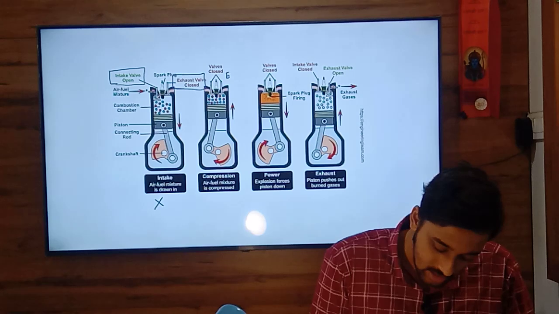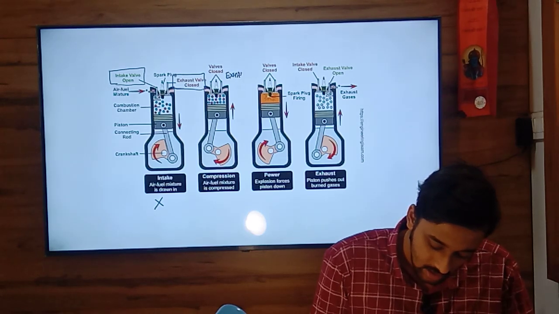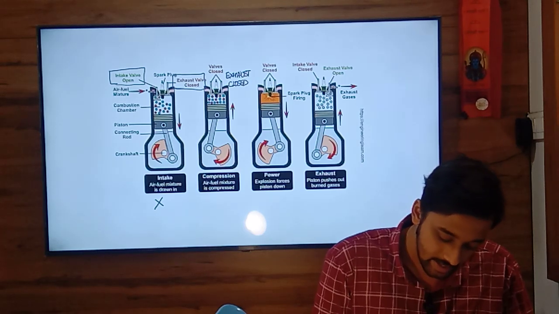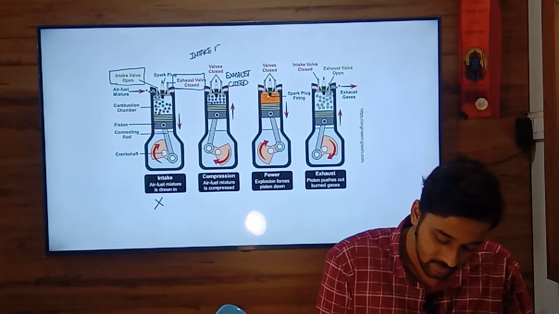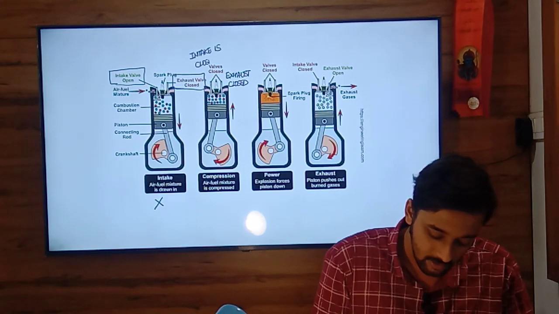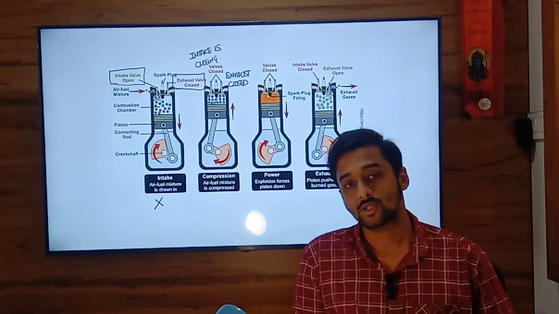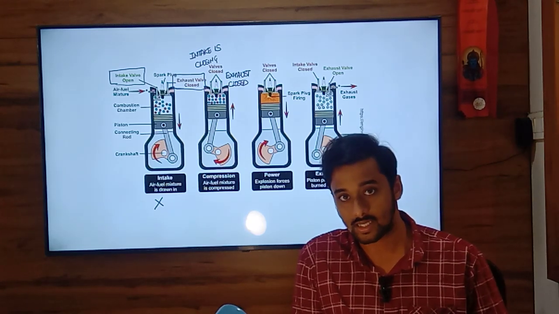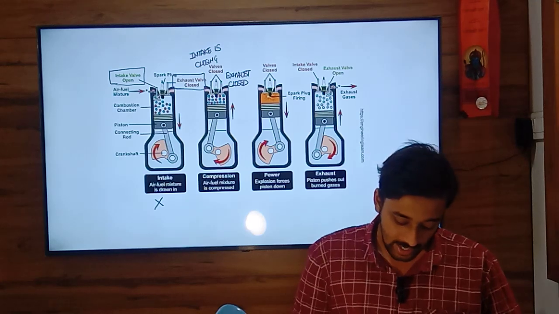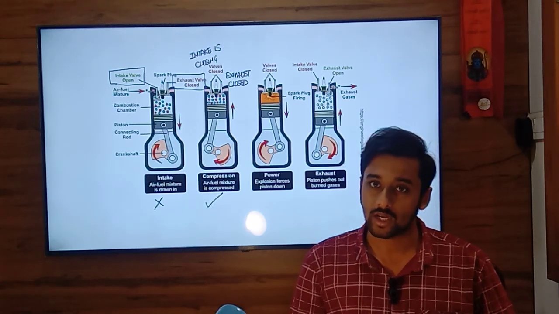So exhaust is closed, intake is closing, because now the fuel air mixture is already there, so intake valve will close after fuel air mixture enters the engine. So this can be the option. This is the right option actually.